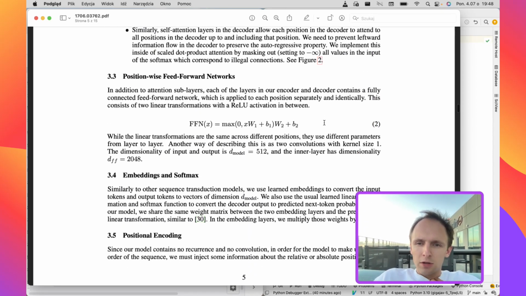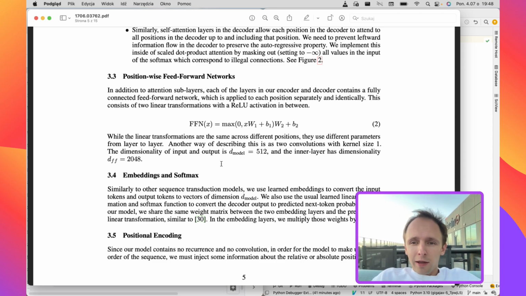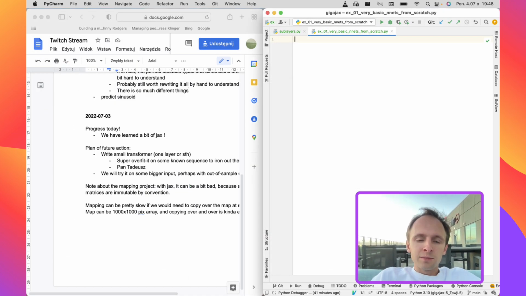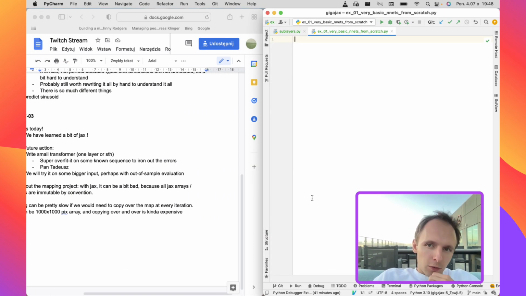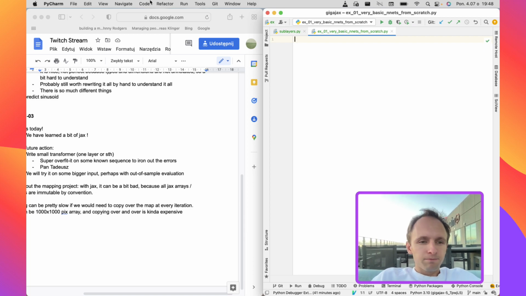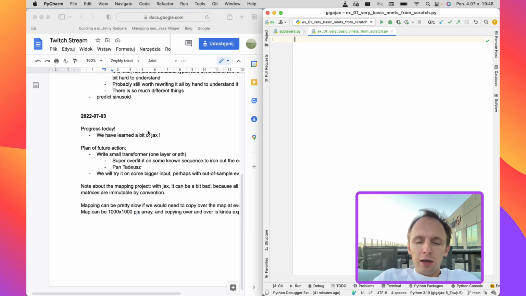We have these feed-forward nets, and I want to play a little bit with those just to make 100% sure that I understand what's going on there. So yeah, I just want to focus first on getting a hang of basics.